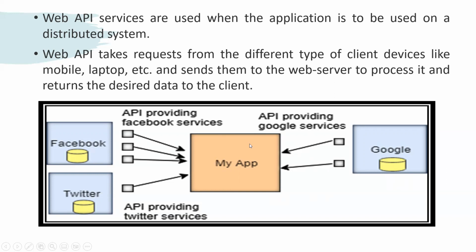If you want to create your own application, you can always go ahead and access them: an API providing Facebook services, an API providing Google services, an API providing Twitter services.